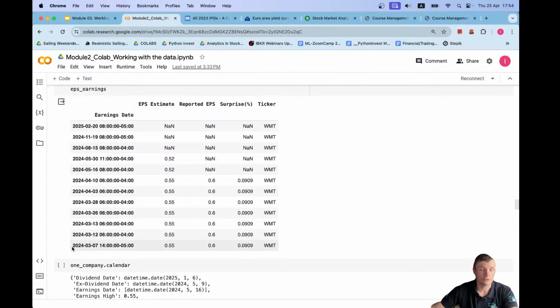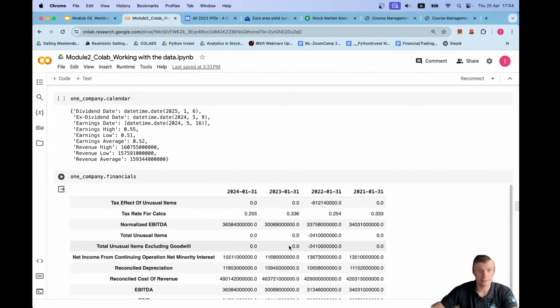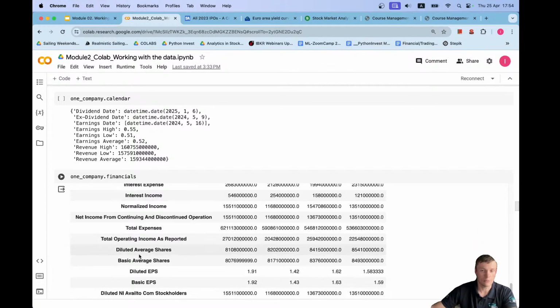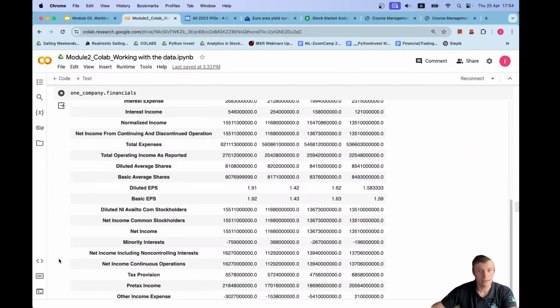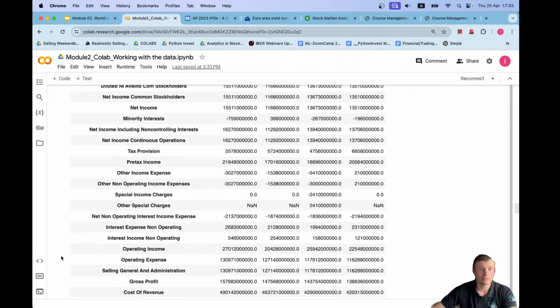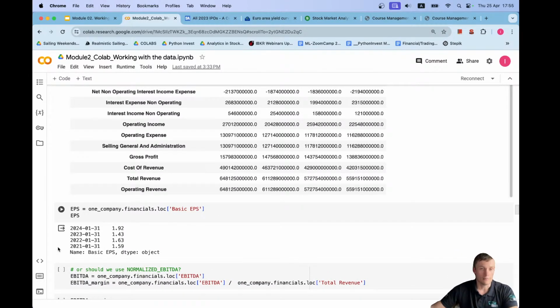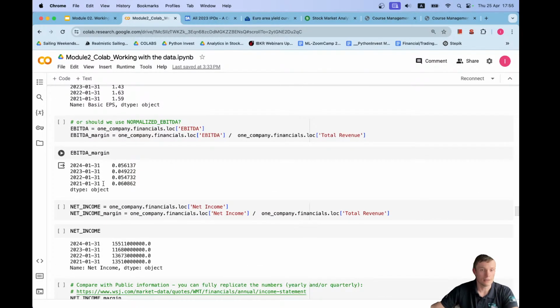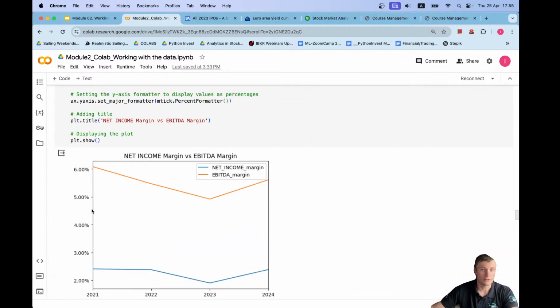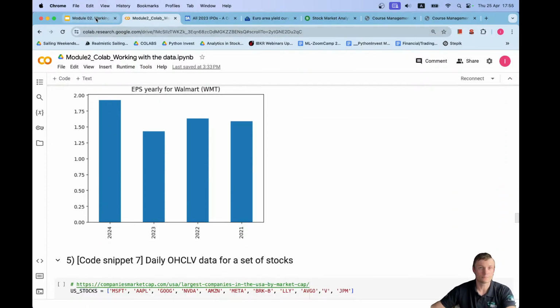It usually happens 1 month after, somewhere between end of January and end of February, and you can add these numbers or whatever metrics you generate only after this date when it is actually available, because otherwise you leak future information to the previous dates, and your model will quickly learn from this and get wrong results. So the code is simple. You get some stats on EPS, on net income. You can visualize and add to the data frame.